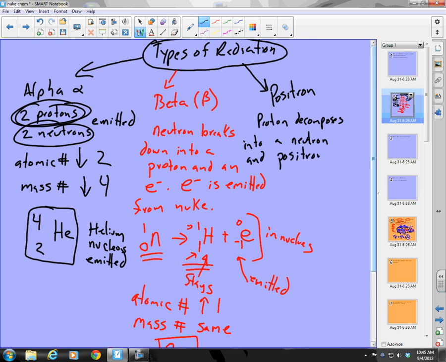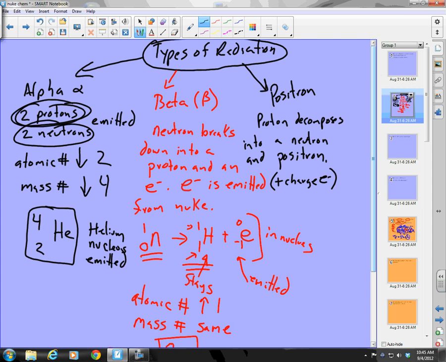Now, what's a positron? A positron is really a positively charged electron. So it has the same mass as an electron, but an opposite charge. It's what we call antimatter, right?